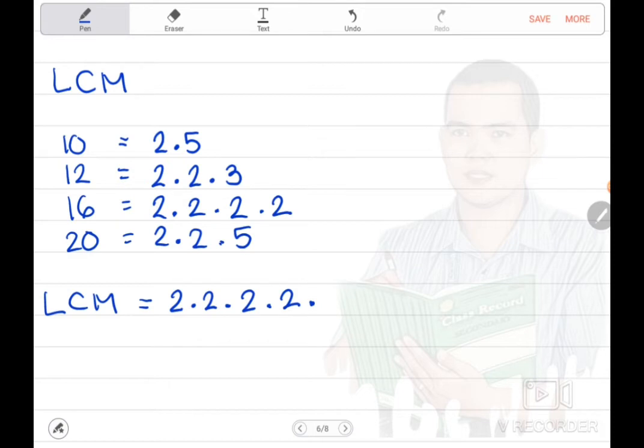So times 3. How about 5? That is only 1. So that is how we are going to work out the LCM. What is 2 times 2 times 2 times 2 times 3 times 5? That is 240. So that is our LCM.